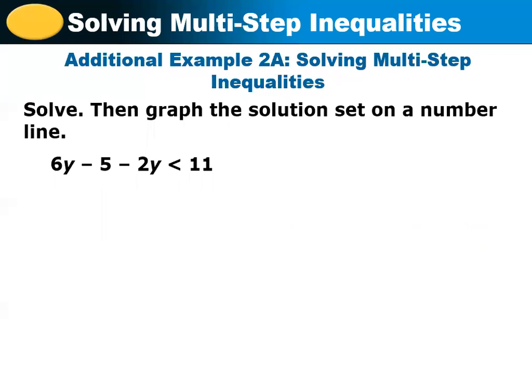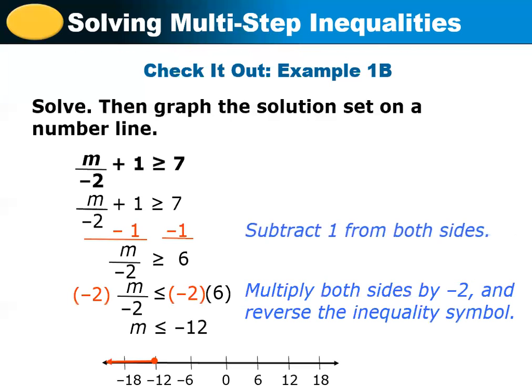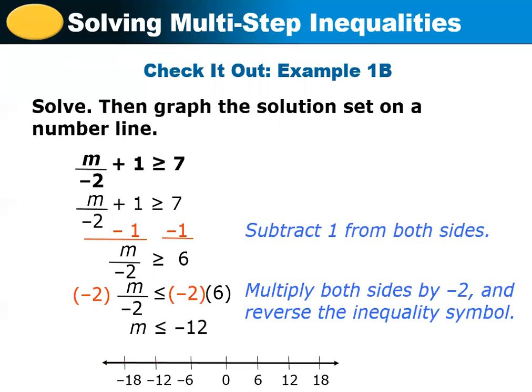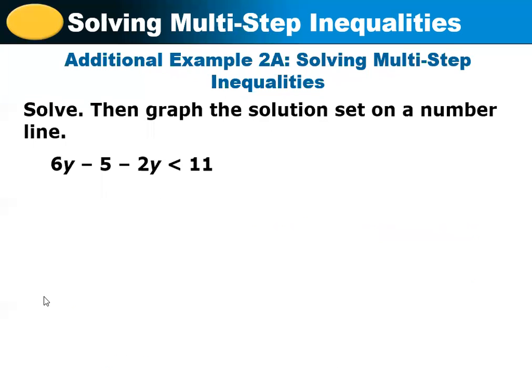What about if we have a question like this? Solve then graph. 6y minus 5 minus 2y less than 11. What do you notice in this question?